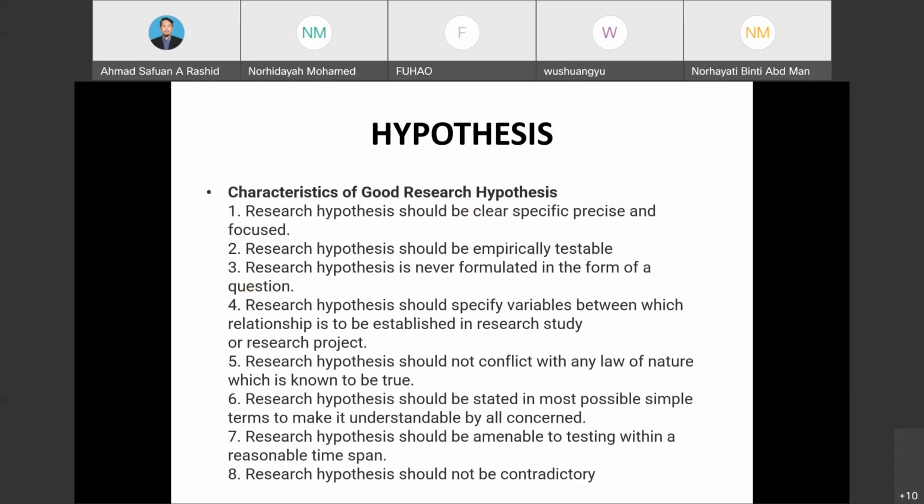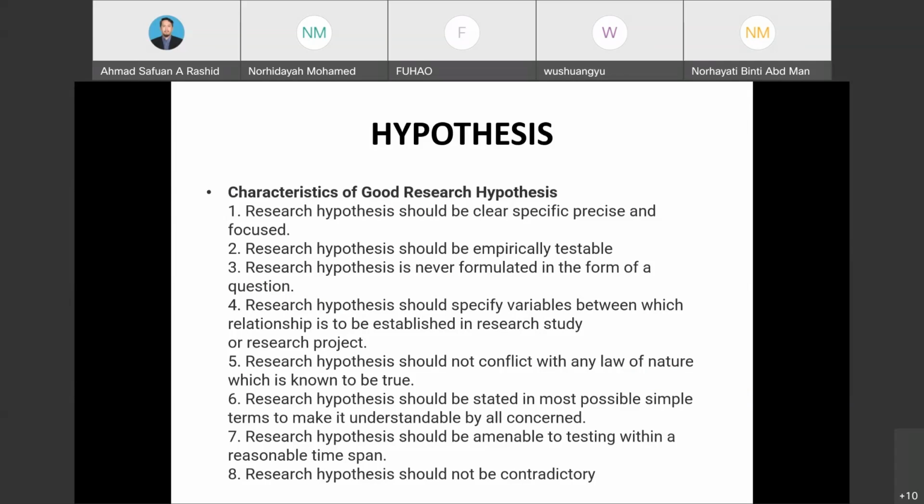So, characteristics of a good research hypothesis. A research hypothesis should be clear, specific, precise, and focused. So it should rely on the theory itself. We do not just create our own hypothesis without relying on previous knowledge.